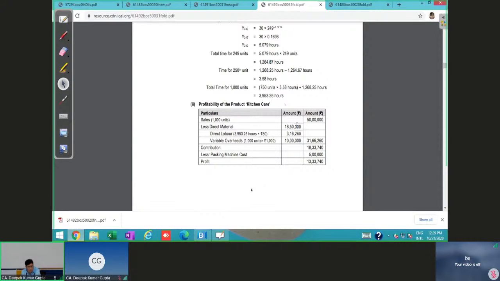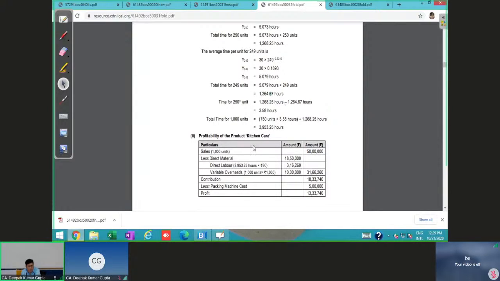Similarly, I will compute direct material and direct overheads for 1000 units, and this is the packing machine cost, and this is the labor cost for 1000 units for the entire product life, and this is my 3,16,260, and profitability of the entire product's life is 13,33,740.